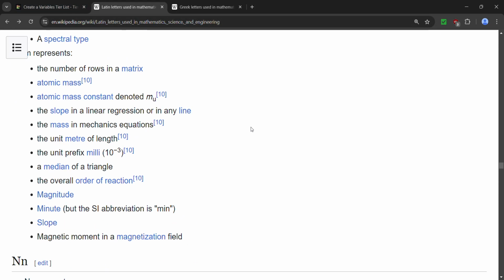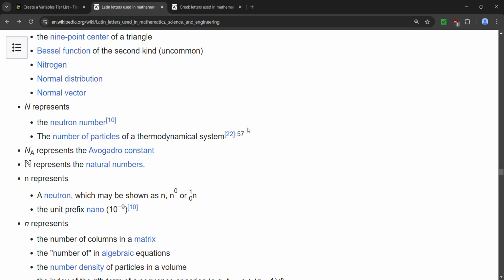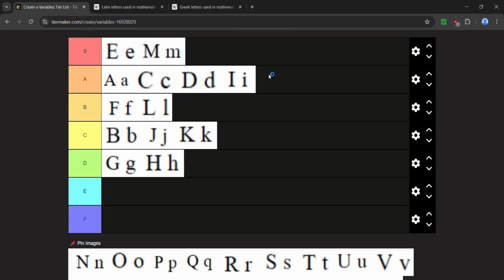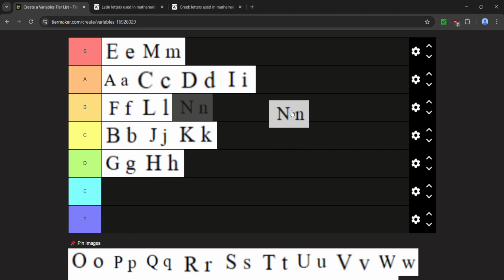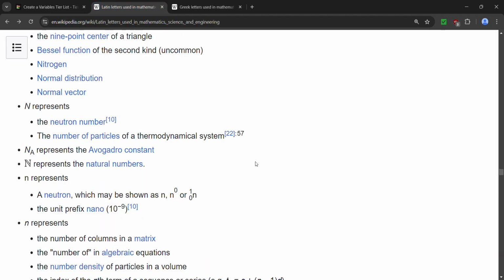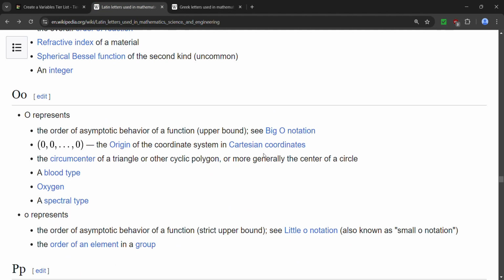But it just doesn't hit the same as M does. And you know what? I want to move M up to S tier. Sue me, but M is great. So N is going to go B tier because it has some convincing points, but it's really not amazing.